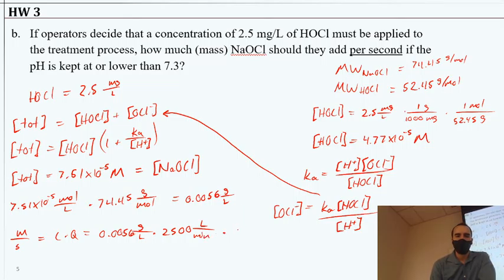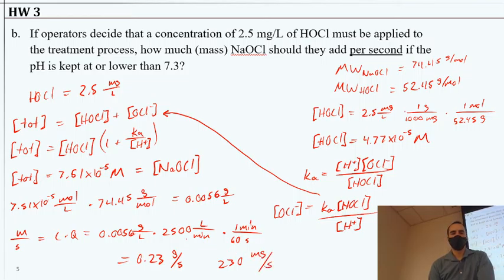And so we'll also have to multiply by 1 minute per 60 seconds, because we wanted mass in grams per second, or some mass unit per second. Okay, and when we do all of that, our final answer should be 0.23 grams per second. Of course, you could do 230 milligrams per second. That'd be fine too.